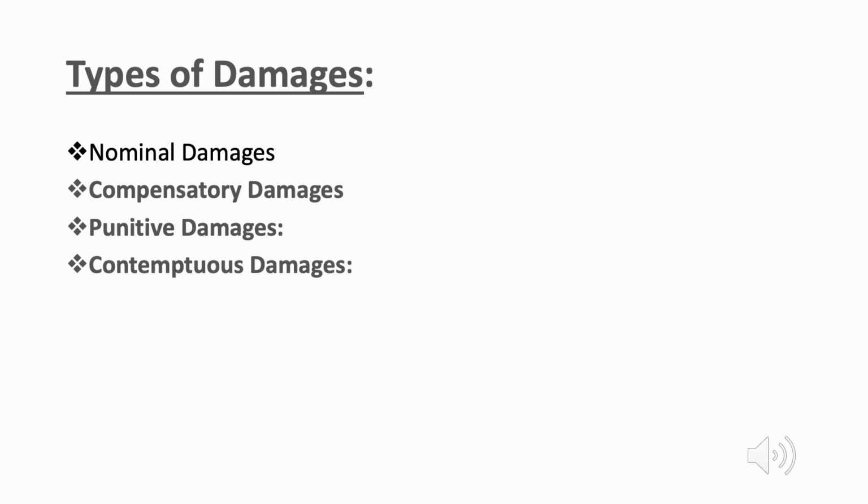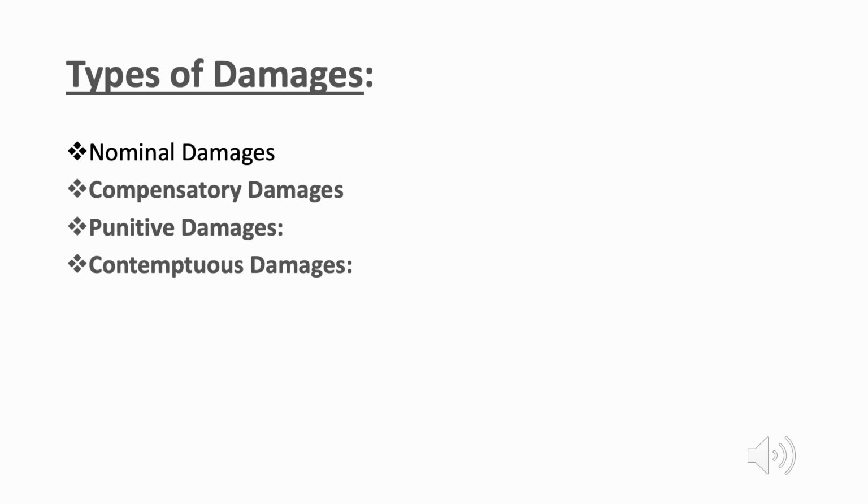Now we consider types of damages. First is nominal damages. Nominal damages are awarded in cases where there is injury without a loss, say the act of trespassing. Here a token or nominal amount is awarded. Next is compensatory damages, in which compensation is provided.